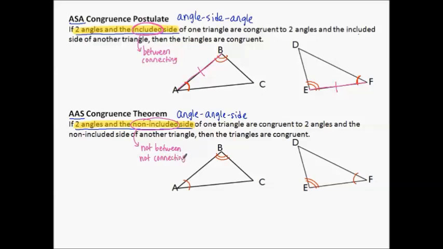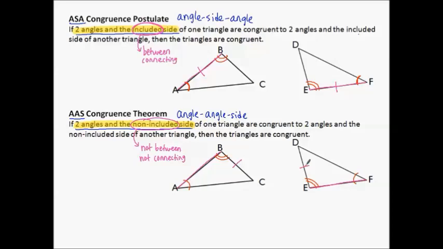So if we look at the side that's connecting from A to B, that's this side. So I need to have marked one of the other sides, such as BC and ED. Notice how this is not the side connecting angle to angle. Therefore, this is a side not between the angles.